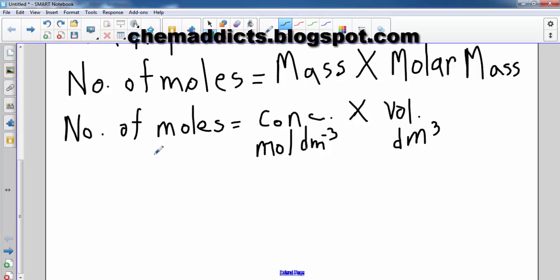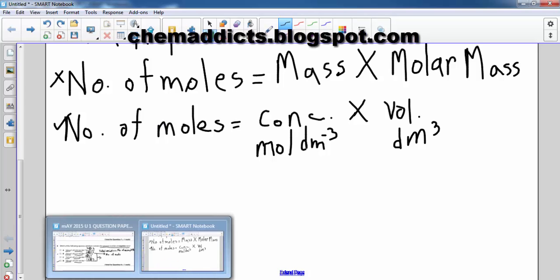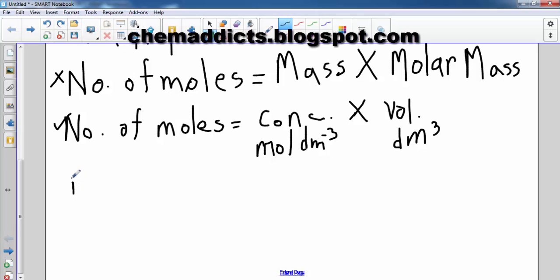So we will use this second equation, not the first one, since this piece of information and this piece of information are given in the question. We will not use the first equation in this question, we will use equation number 2. Well, let's find the number of moles of barium chloride.